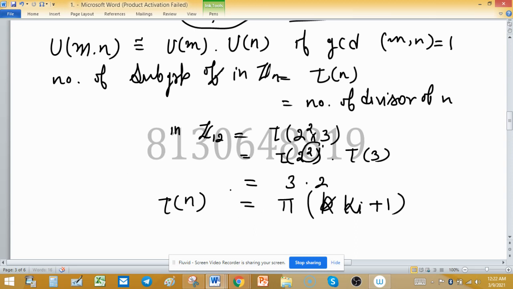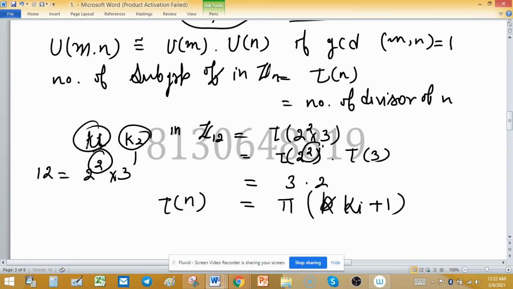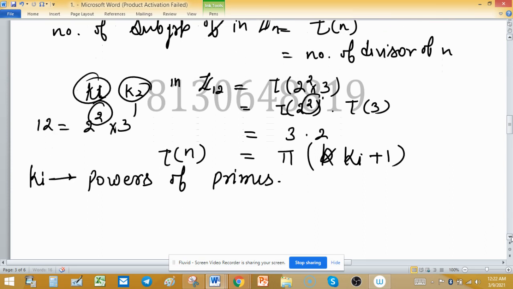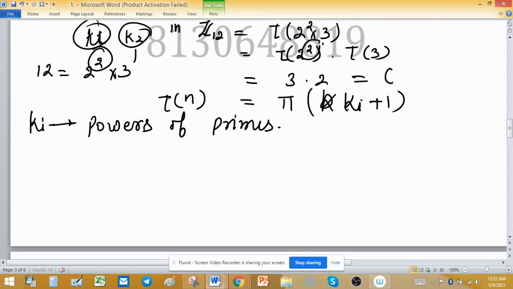As here 12 can be written as 2^2 into 3, these are our k_i, suppose this is k1 and this is k2. So k_i are the powers of primes. So the answer of this one is 6.